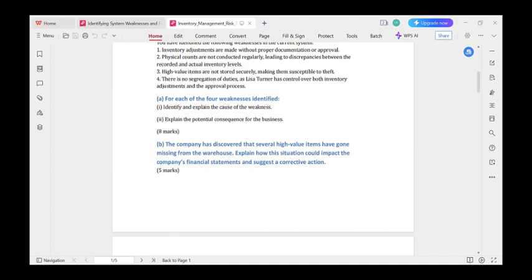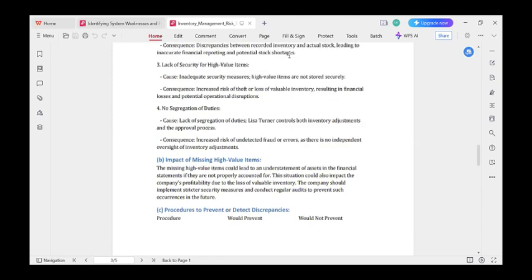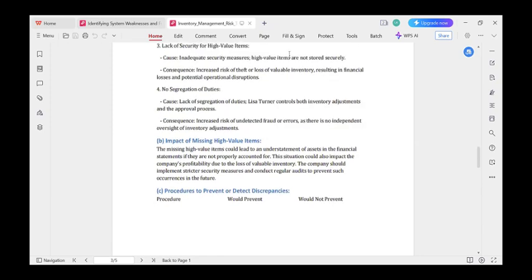Cool, I'm getting the answers. Okay, so we say that there is lack of segregation of duties.